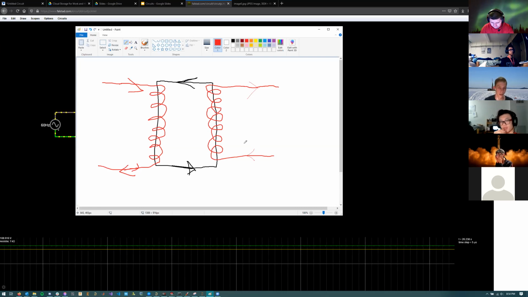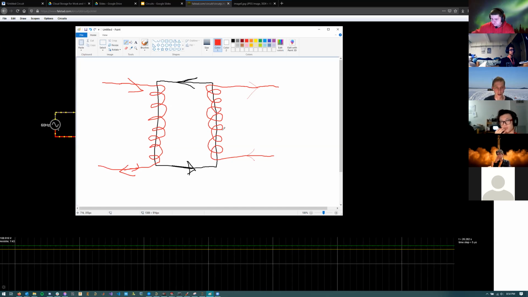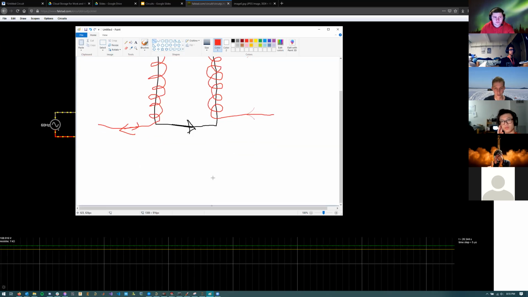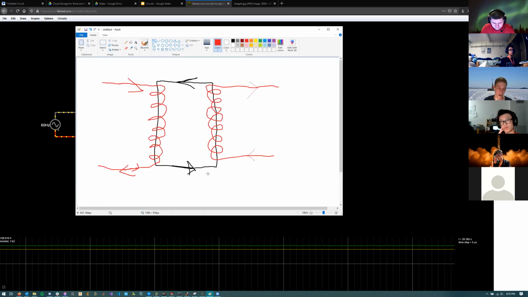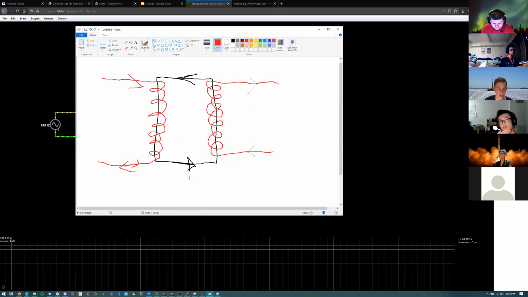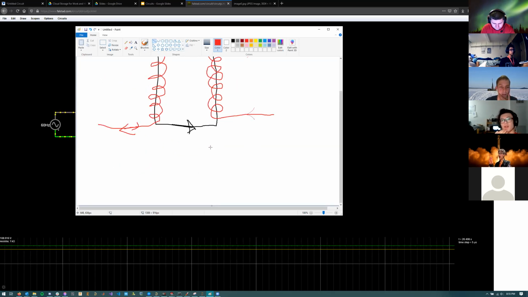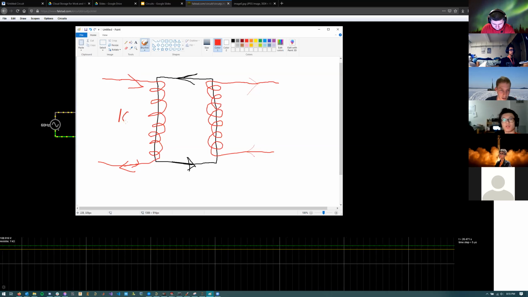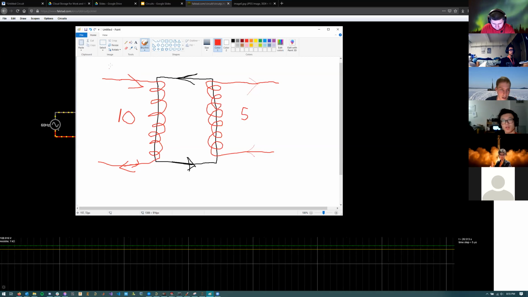And this core can change materials and change the properties of the transformer. You can also use transformers as a way to change the voltage of an AC source. Let's say you have 10 windings on this side and 5 windings on this side, and you have 120 volts in.